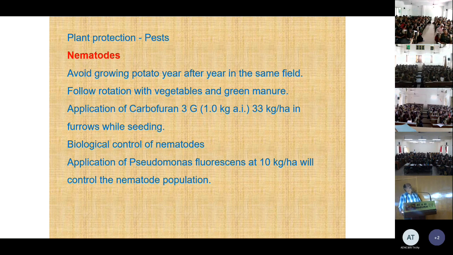Regarding plant protection, nematode is the major problem for potato, so potato should not be cultivated year after year in the same field.